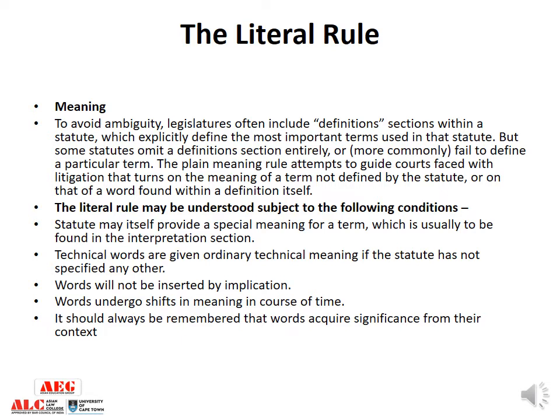The basic rationale of the literal rule is whatever the intent of the legislature was, legislature का जो भी intention था वो उन्होंने लिख दिया है लॉ के तरीके से. In the form of law, they have written all the intention which they had, whatever they wanted to implement on the people, they have written that.